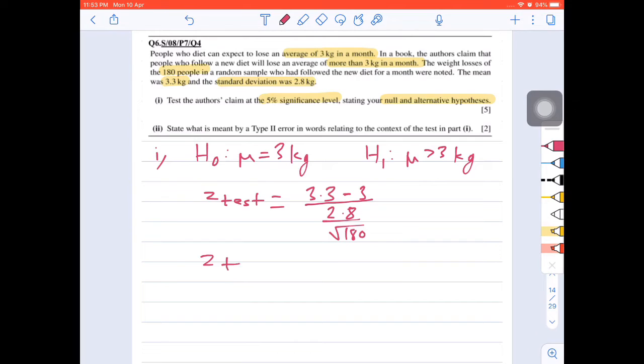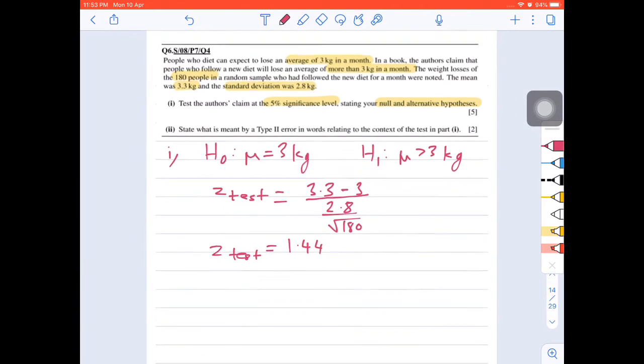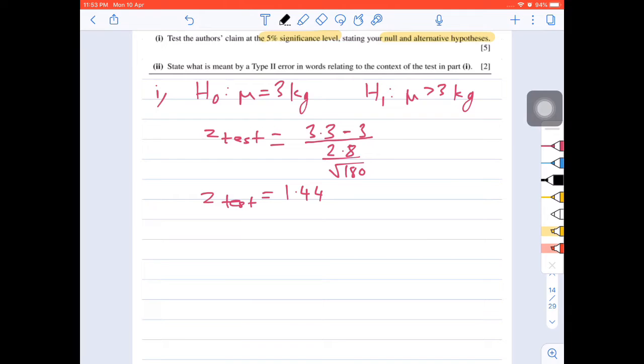So this test value is coming as 1.44, and it's a 5% significance level.